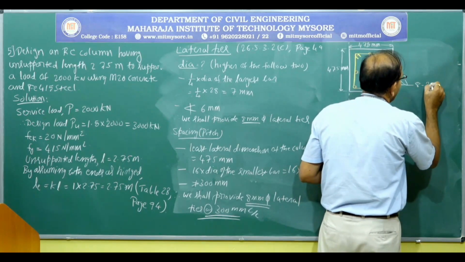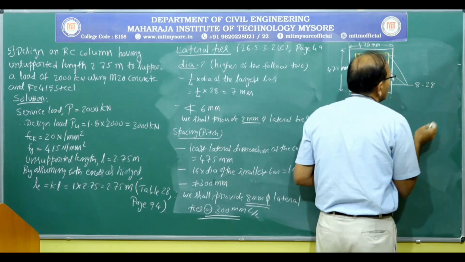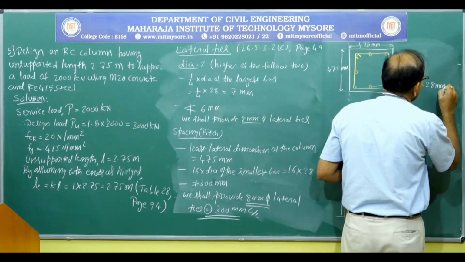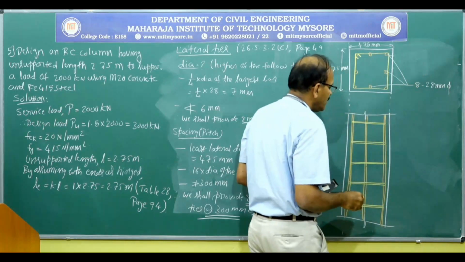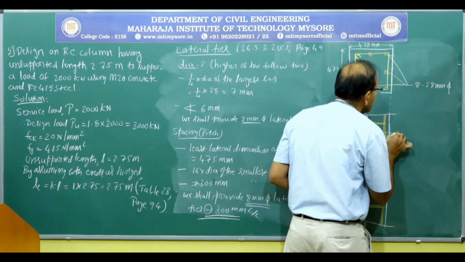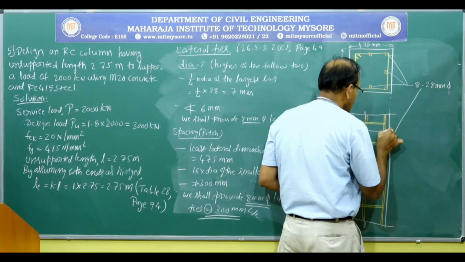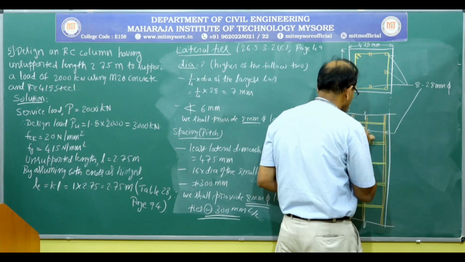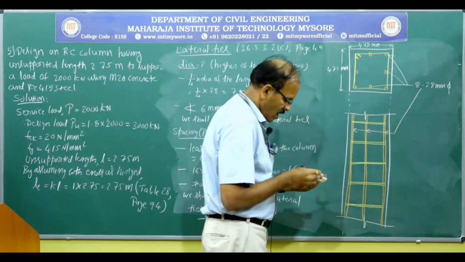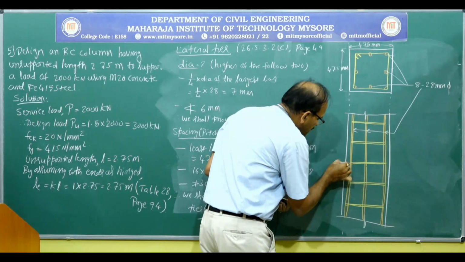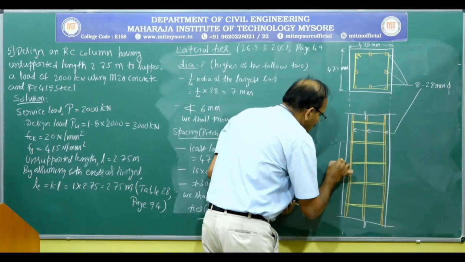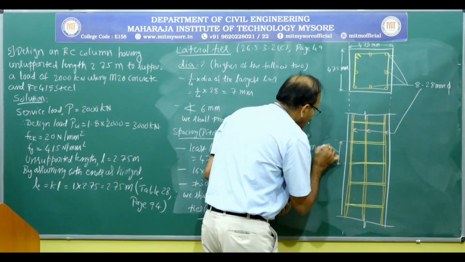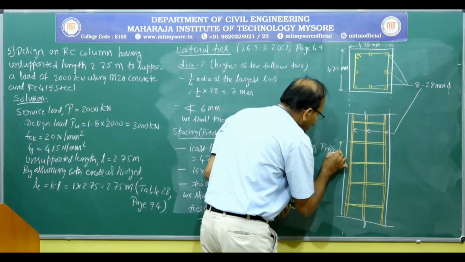Eight of 28 millimeter diameter. So that is these bars. And this is the spacing or the pitch of the lateral ties.